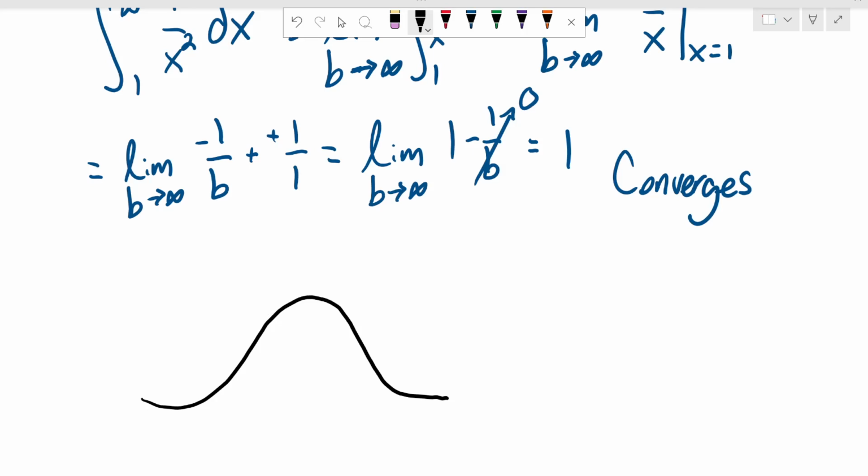And in order for something to be a probability distribution function, the area underneath it has to total to 1. Just like with a discrete distribution, all of the probabilities have to sum to 1. Same thing with a continuous distribution, the area under the curve has to be 1. And in order to find that area, we need an improper integral because we have to integrate from negative infinity to infinity. Okay. So this is very important in probability theory. It comes up pretty much with any continuous distribution that you can think of.